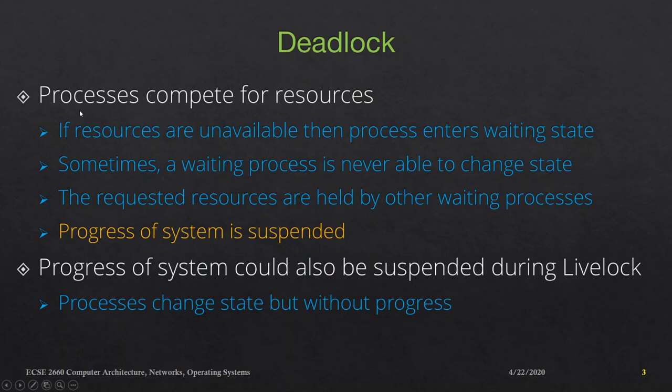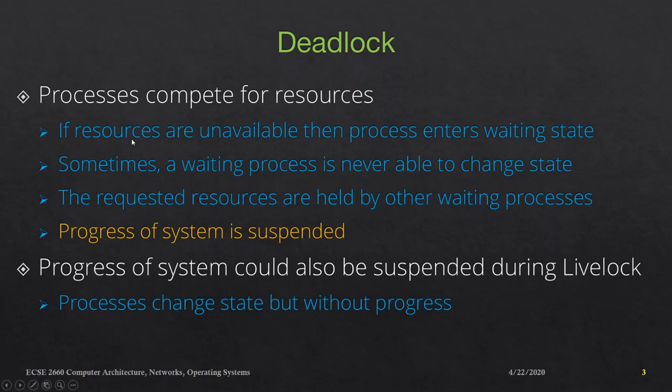So if there are several processes in the memory that are currently getting executed by a processor, they would probably need resources. And if there are several processes in a multi-programming environment, then they would essentially compete for those resources, whether it be memory, whether it be CPU cycles, or certain input-output devices.